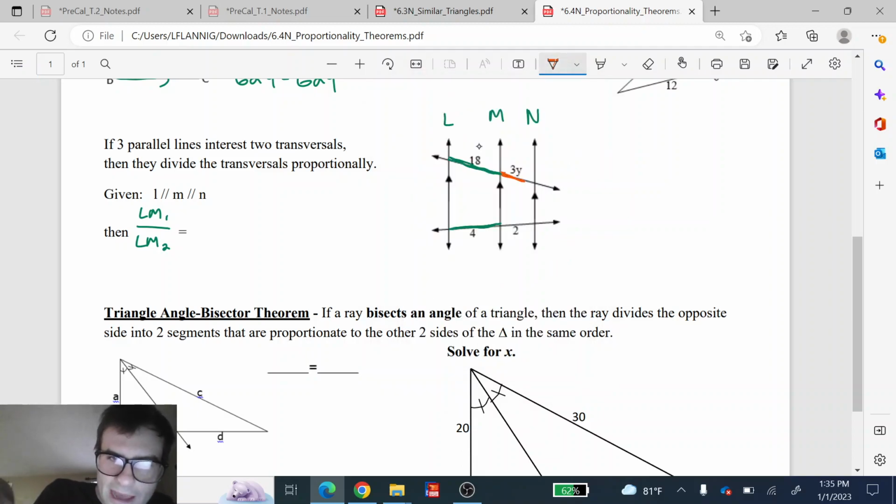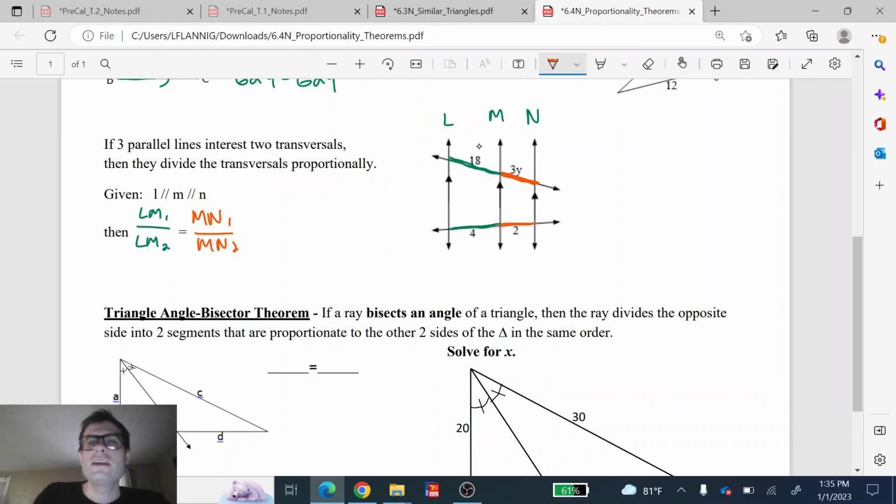And that proportion should be equal to 3y, MN1 and MN2. So that's this and this.